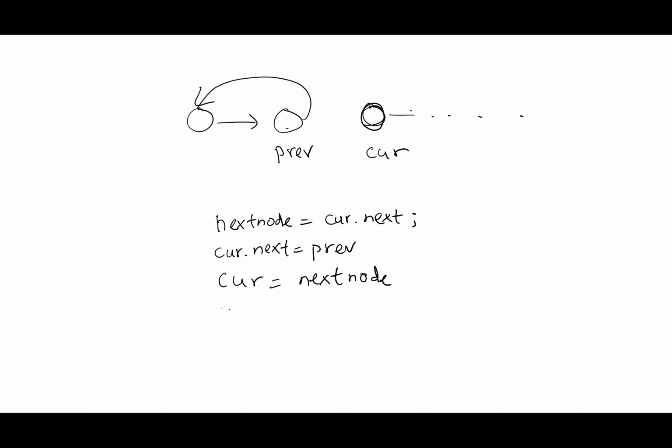First I have to make the current the previous, and then I have to change the next node to the current. I will keep on doing this, and at some point I will reach null, right? So the current will go to null at some point, so we loop while current is not null.